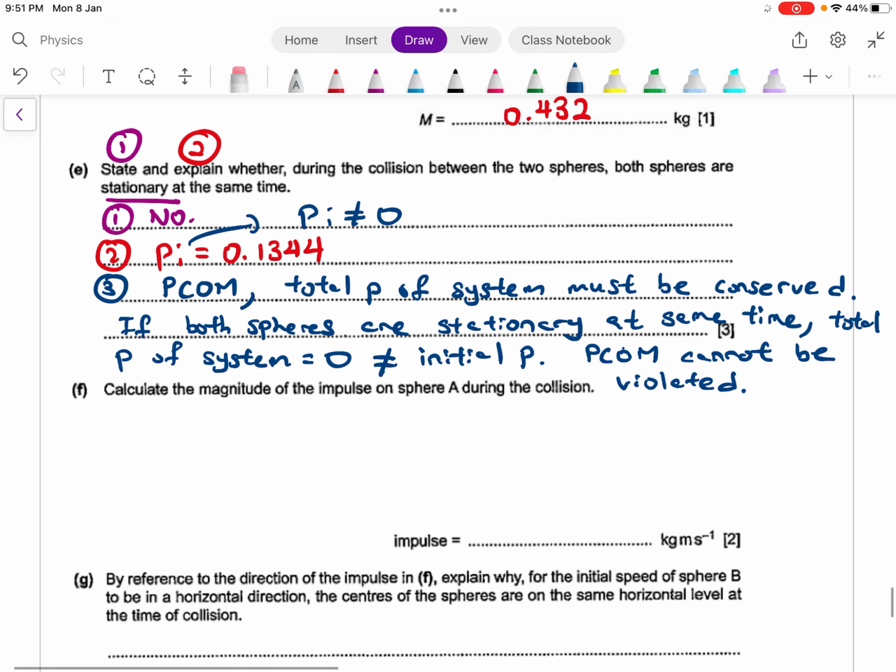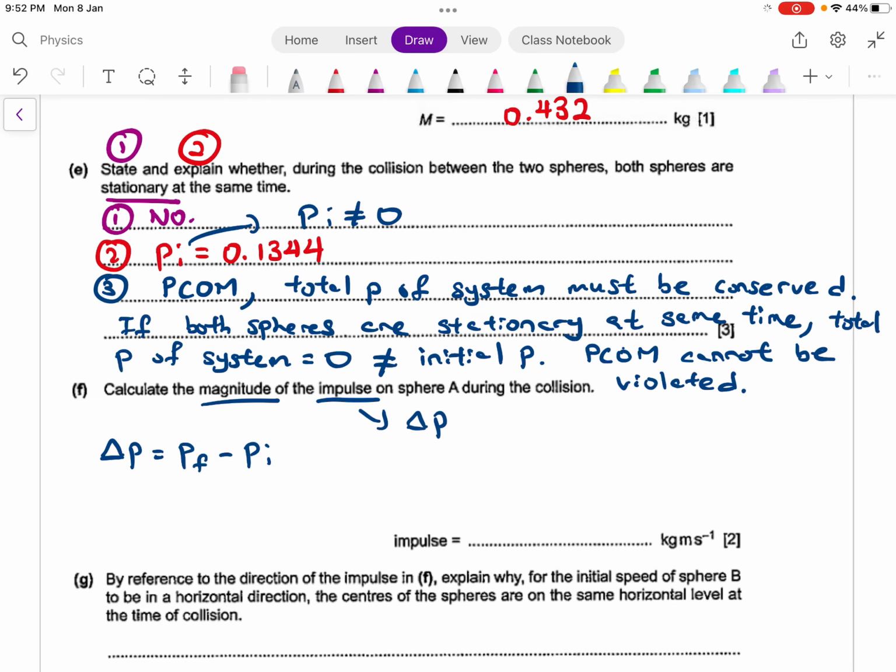Part F, calculate the magnitude. This one is just to give the number of the impulse, meaning you want the delta P of sphere A during the collision. So delta P is equal to final momentum minus initial momentum.